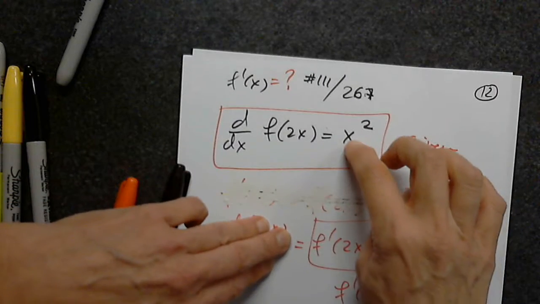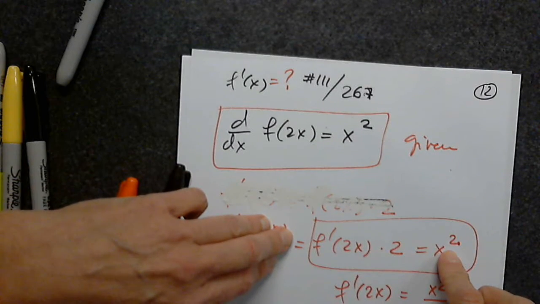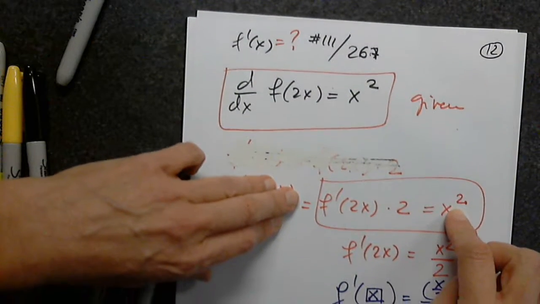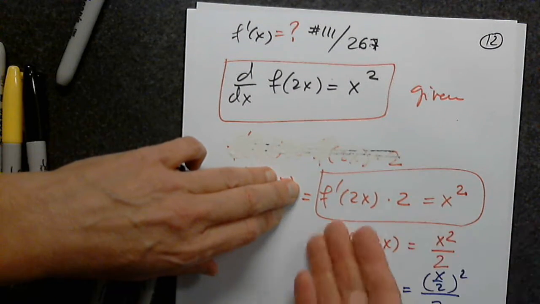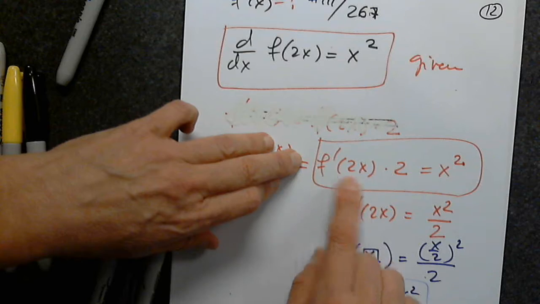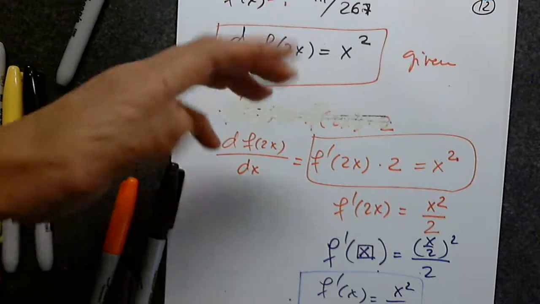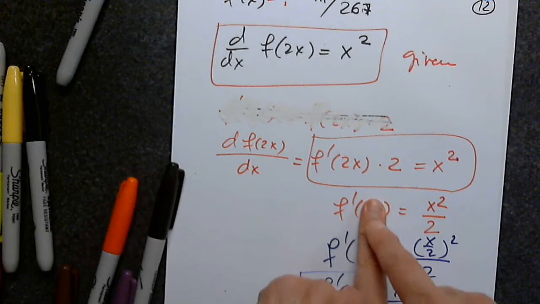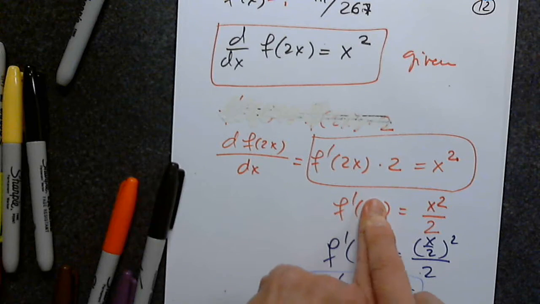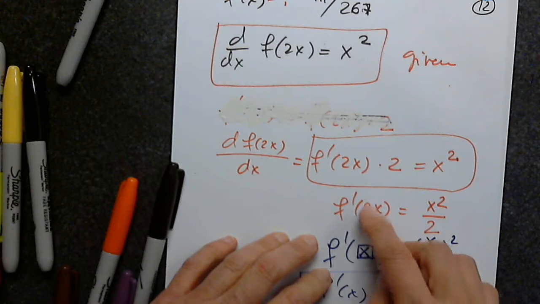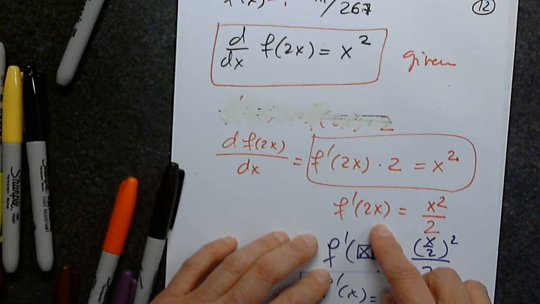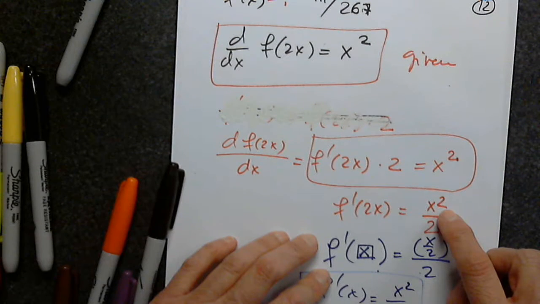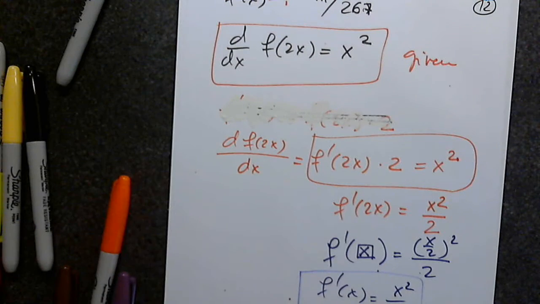And then we set it equal to this because this was given to us. From here, we solved for f prime of 2x. But this is the function. So whatever I put in here as a new variable, let's say I denote twice x by y, then x has to be y over 2.